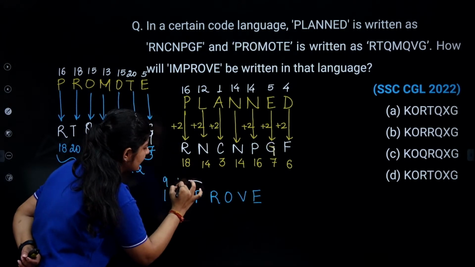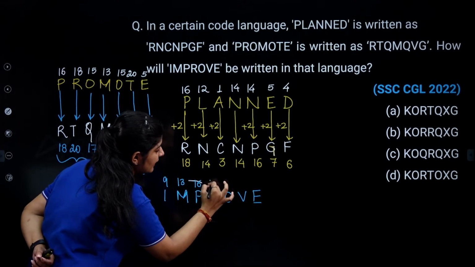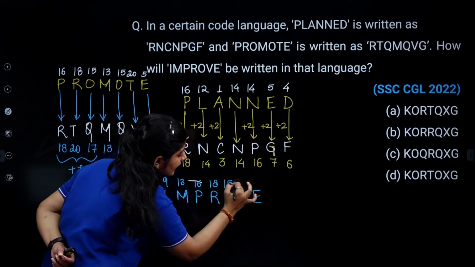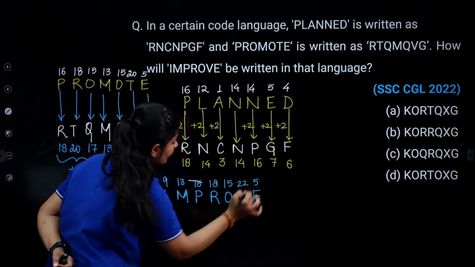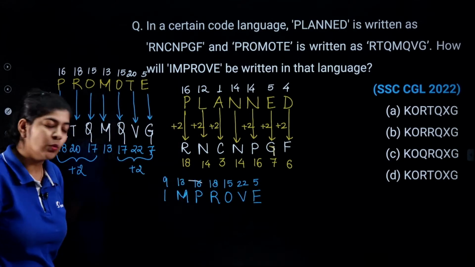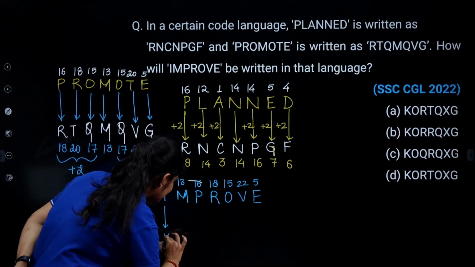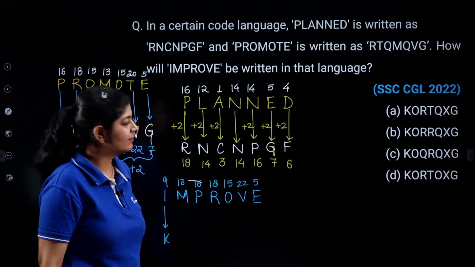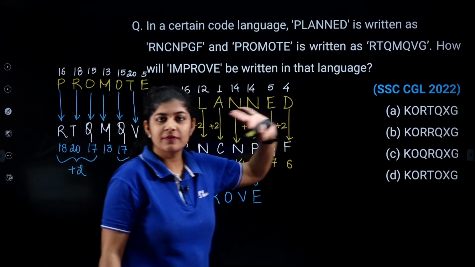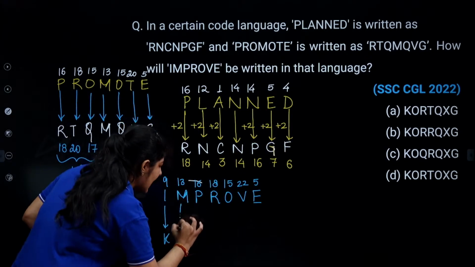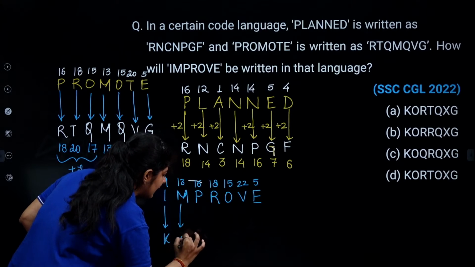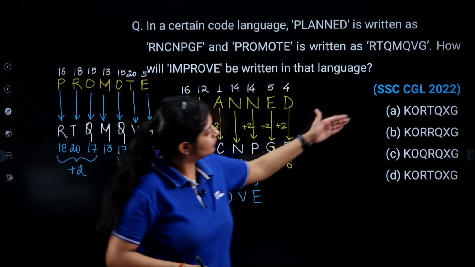So 9, 13, 16, 18, 15, 22 and 5. 9 plus 2, 11. K is 11. So my answer should start with K. We are having all the options with K only. Okay, next. 13 plus 2, that is 15. 15 is associated with O.